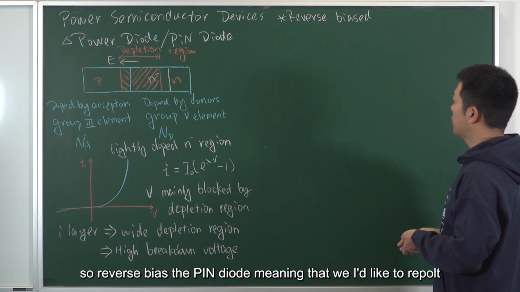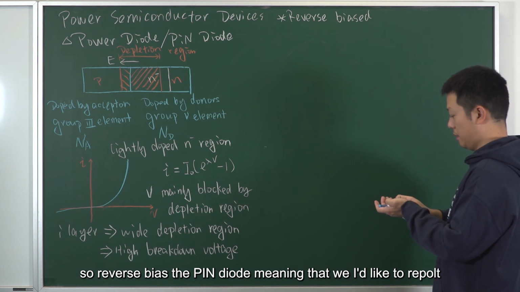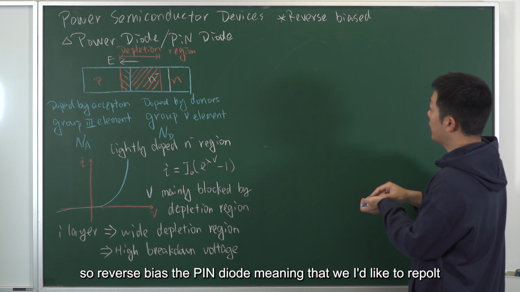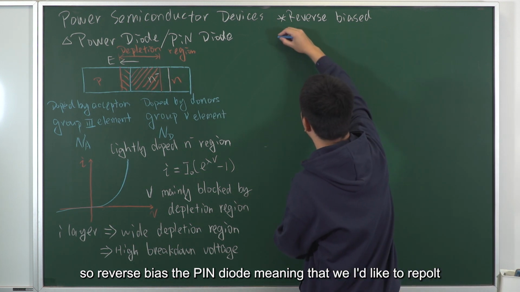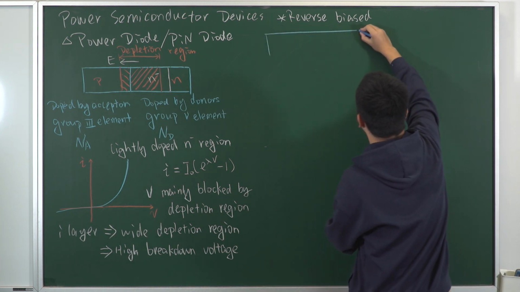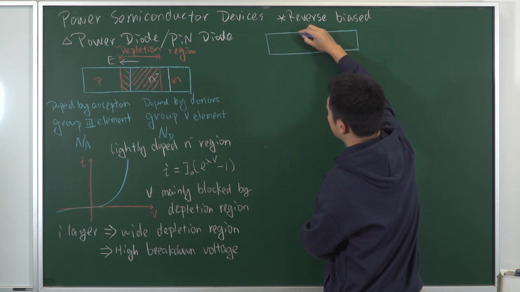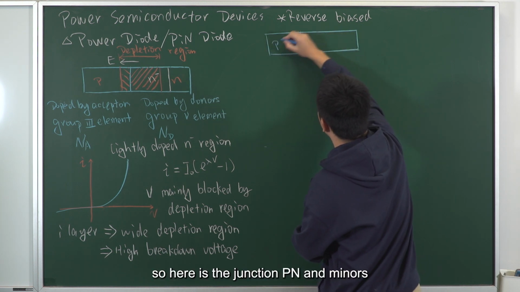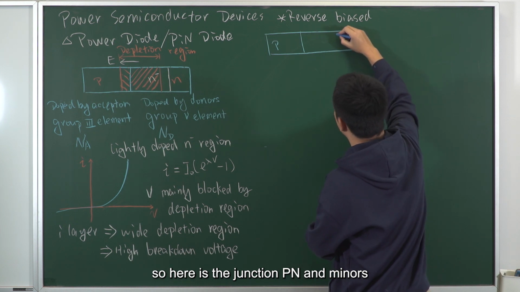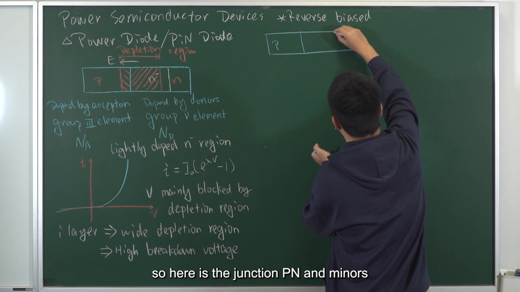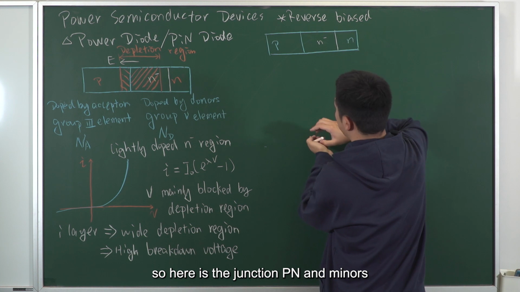So reverse biased PIN diode, meaning that I would like to replot. So here is the junction P, N minus.